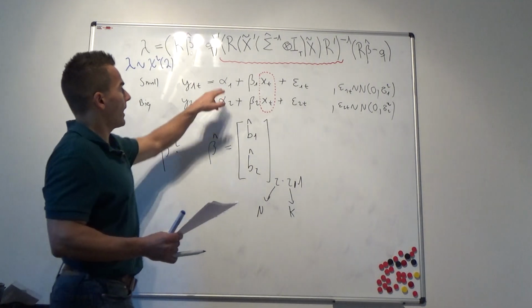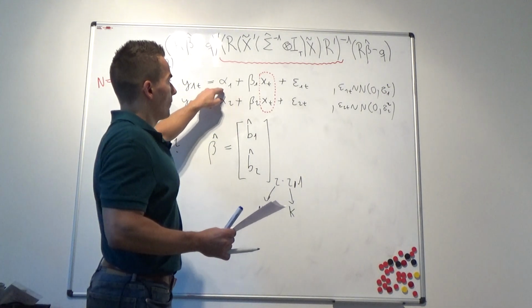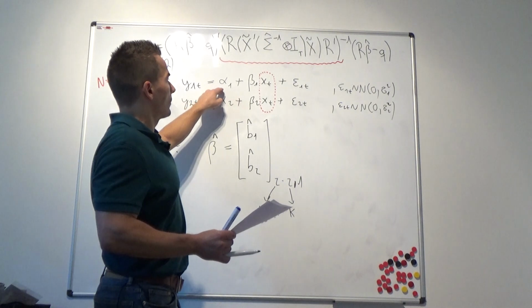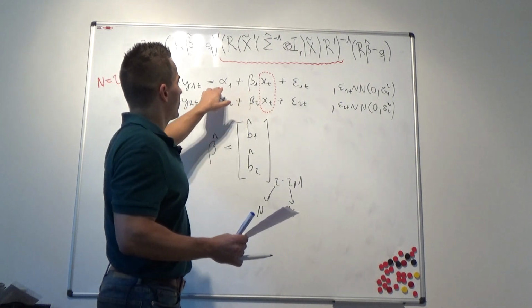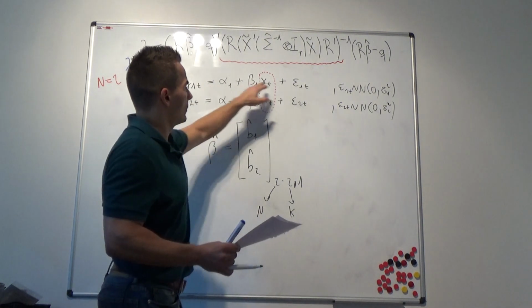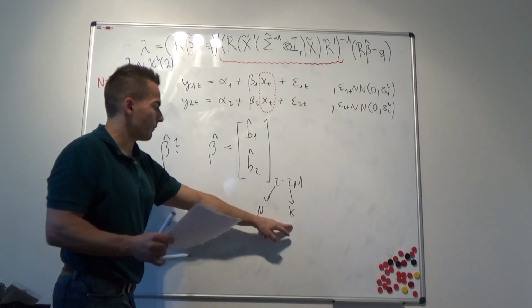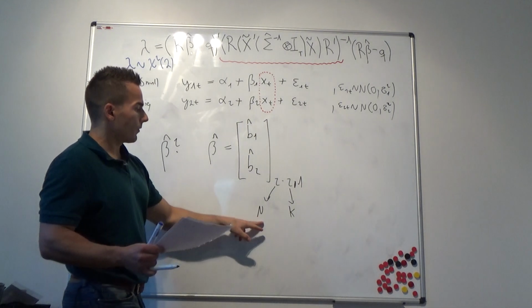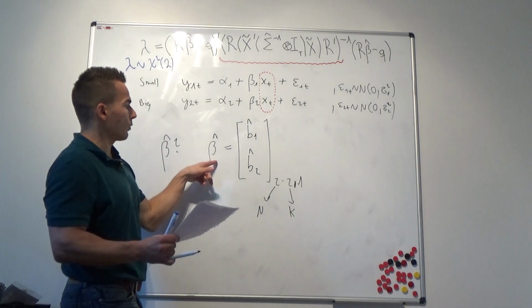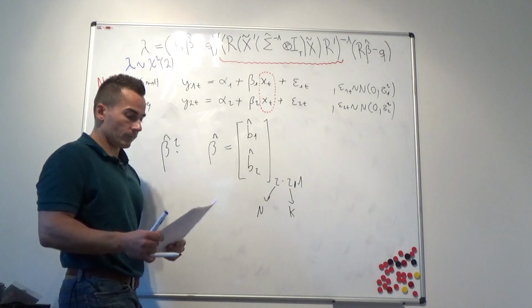So if we have the Fama-French 5 factor model, obviously then we have 6 parameters in each equation to estimate, so then our k would be 6. And if we would have 30 equations, 30 times 6 is 180, so this guy would be a 180 by 1 vector. Okay?